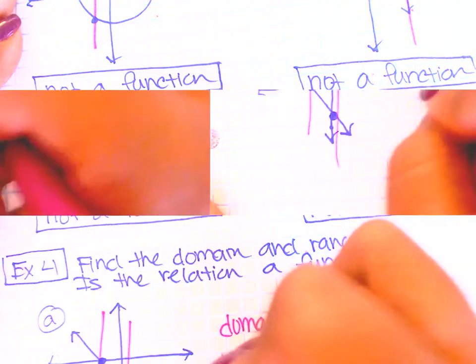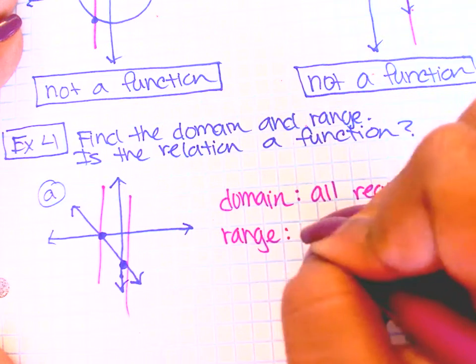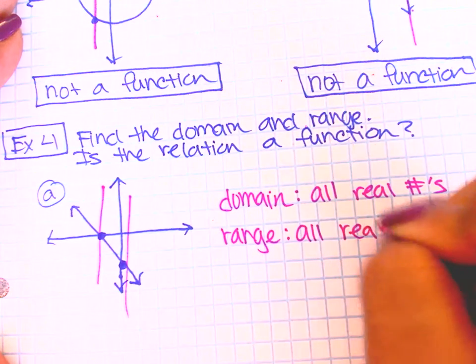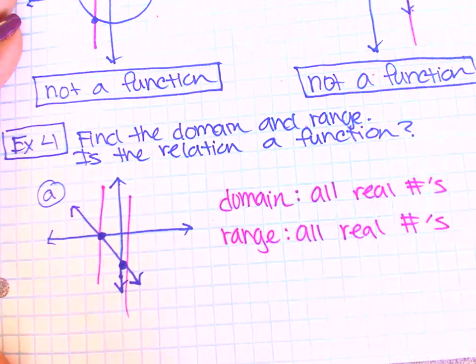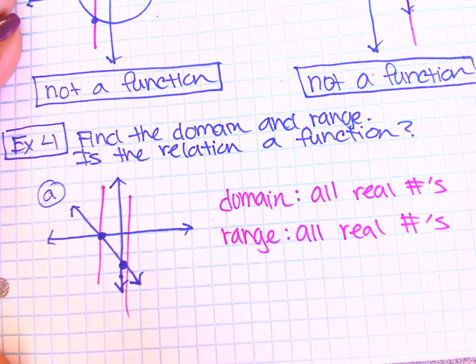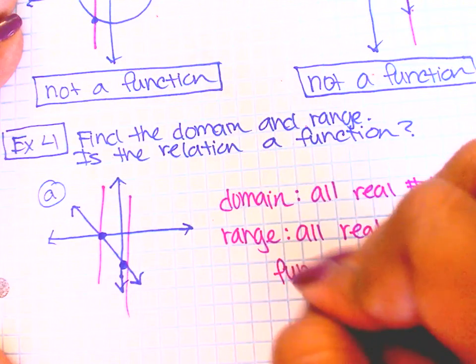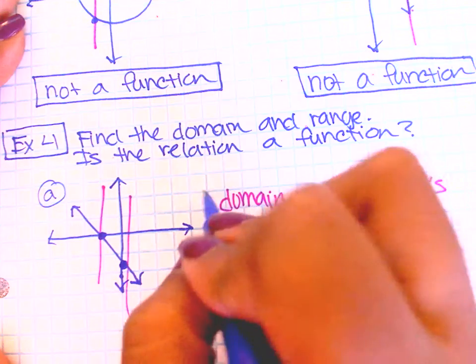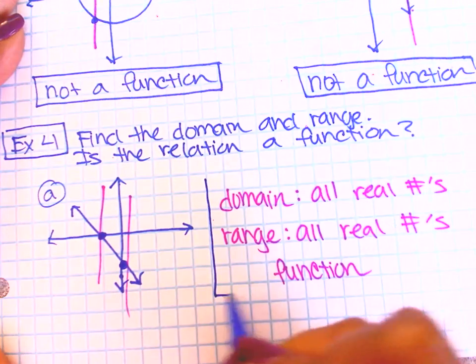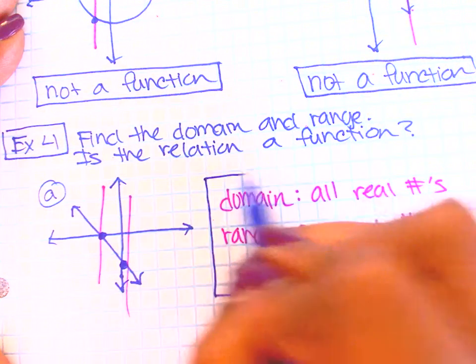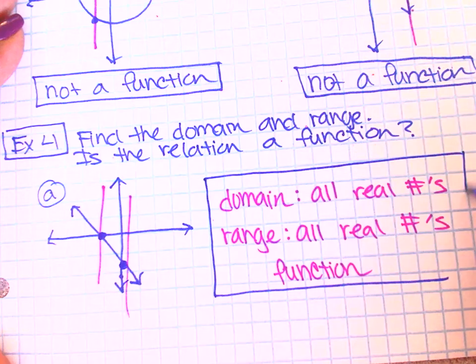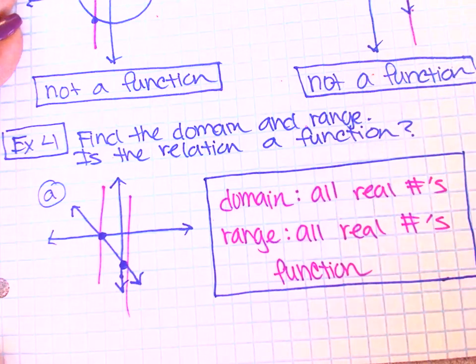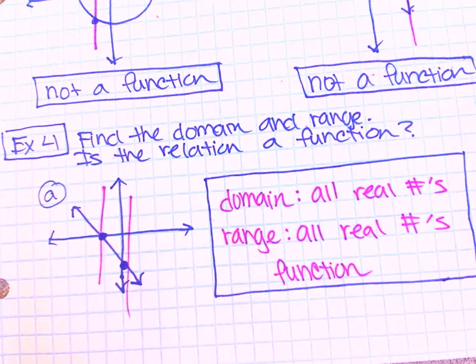And my range is all real numbers. And we vertical line tested them. It only goes through 1 point. So yes, my answer is a function. So those 3 things are what my answer is made up of. All real numbers because it's a linear line.